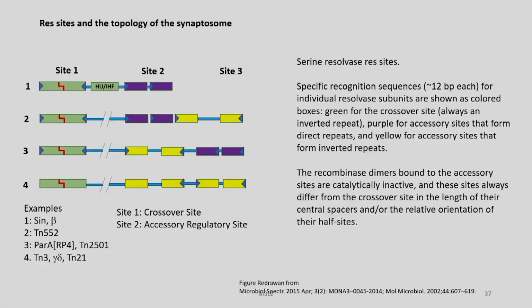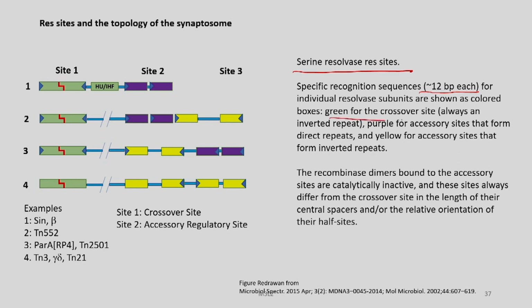Res sites and topology of the synaptosome. Serine resolvases have res sites, specific recognition sequences of around 12 base pairs each. For individual resolvase subunits are shown as colored boxes.